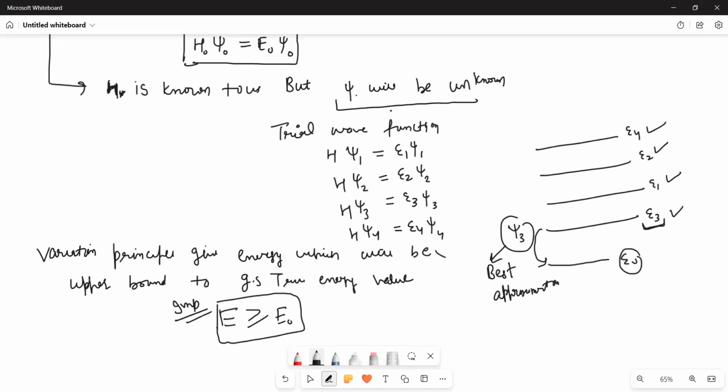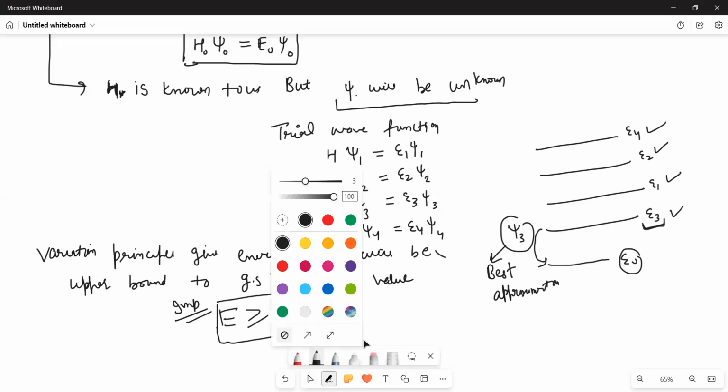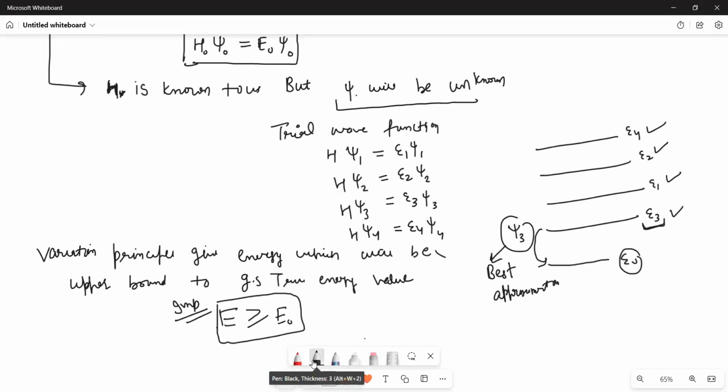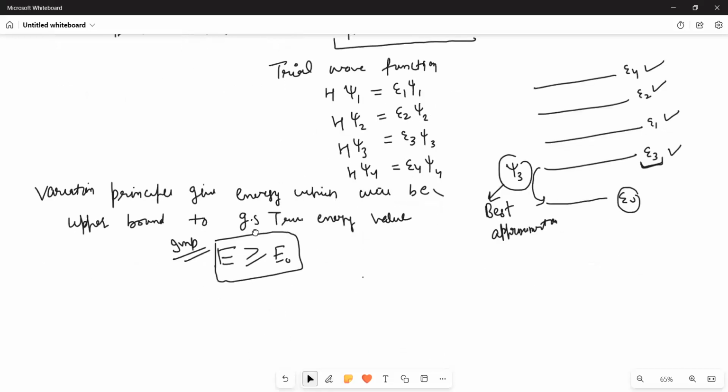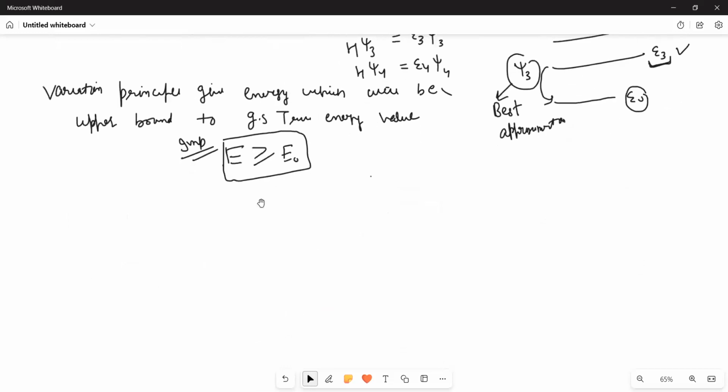But the thing is how to find out energy with variation principle. How will we do it theoretically? Because these are theoretical problems, right? So how to find energy theoretically? Energy we can find from the postulates of quantum mechanics.